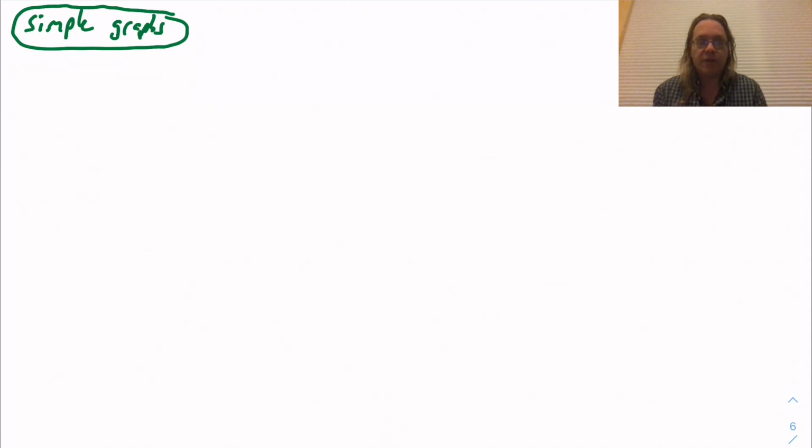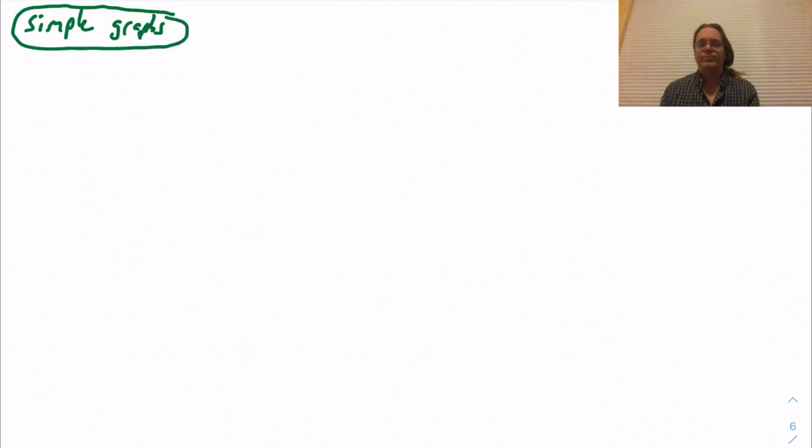It doesn't add anything to what we're doing at all. So everything that we say, once I've said it for simple graphs, the same things will hold more generally, but it'll be a little bit easier to describe things by sticking to simple graphs. So that's what I'm going to do.